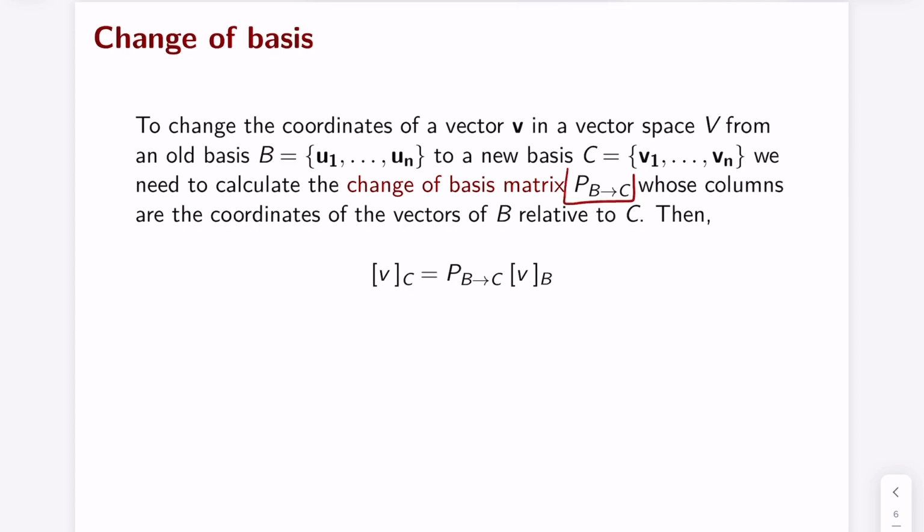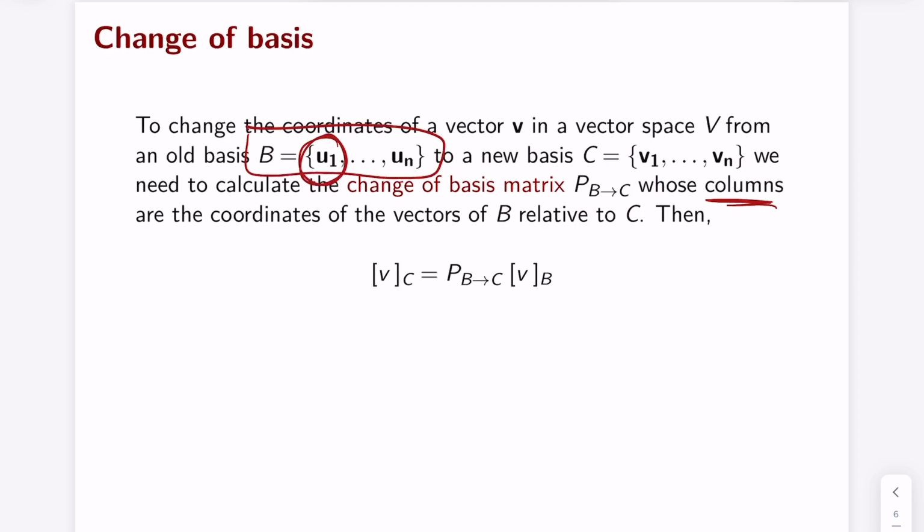And so this is the matrix of change of bases, and it is going to be calculated in this way. The columns are going to be the coordinates of the vectors of B, I mean the vectors in the old base.